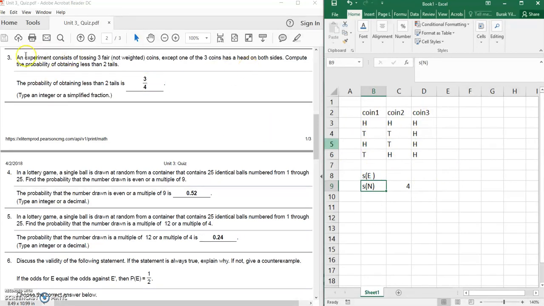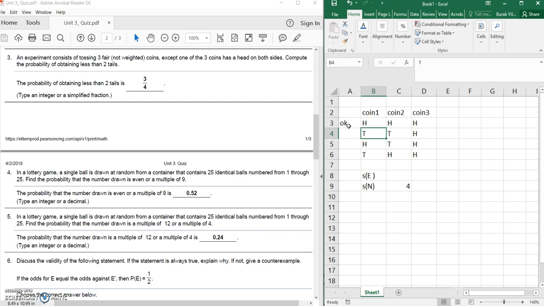And the question is asking the probability of obtaining less than 2 tails. So in which of these triplets, if I may, do you have less than 2 tails? So less than 2 tails means you have to have either 1 tail or no tail. So this one is okay. I'm going to put okay because it has no tail, so that's less than 2.